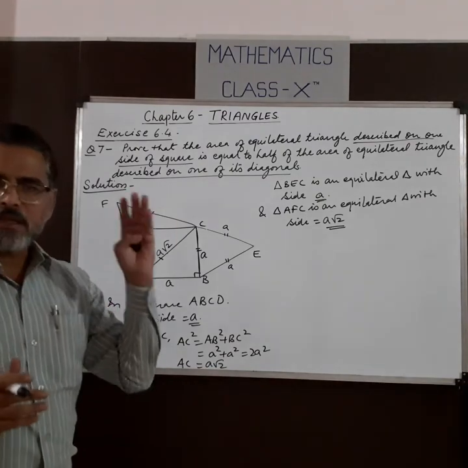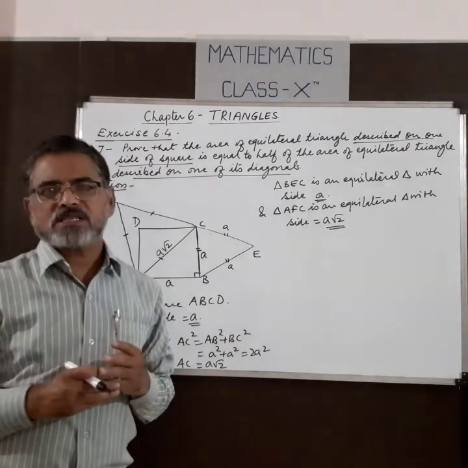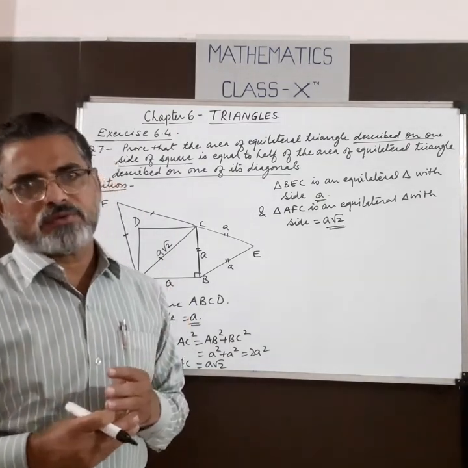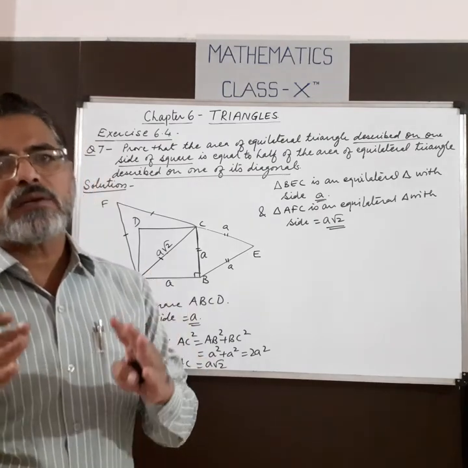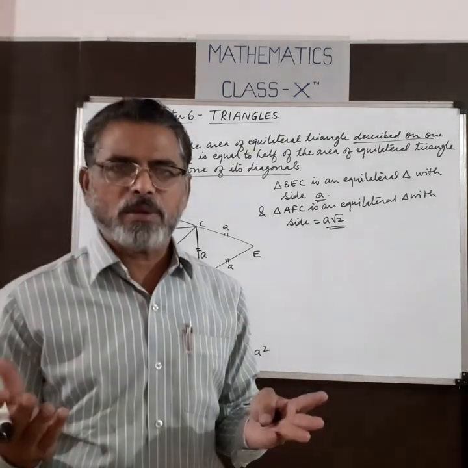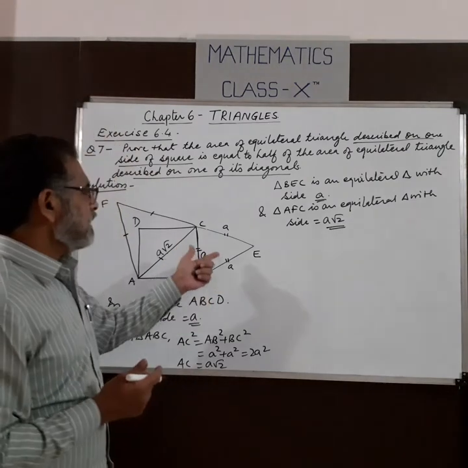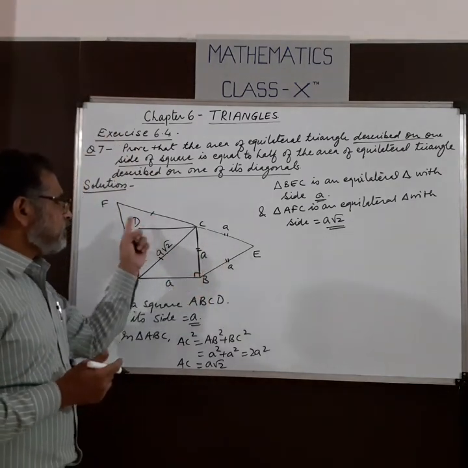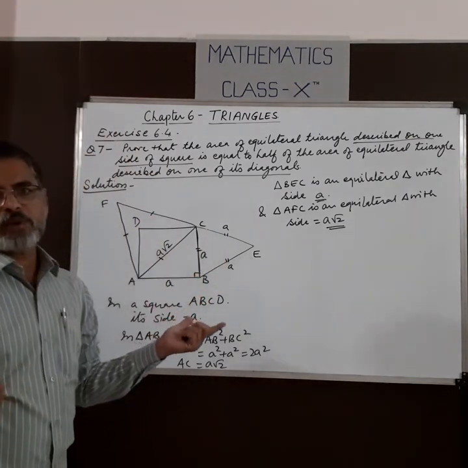As we have discussed in the very first video of triangles, all equilateral triangles are similar. Why? Because if we take the ratio of their corresponding sides, they are in proportion.